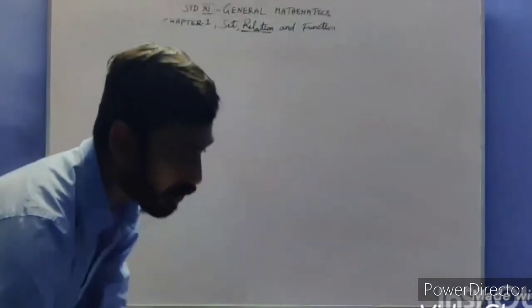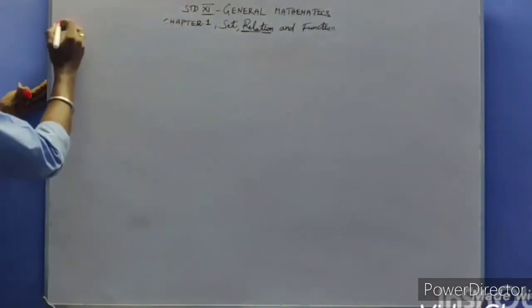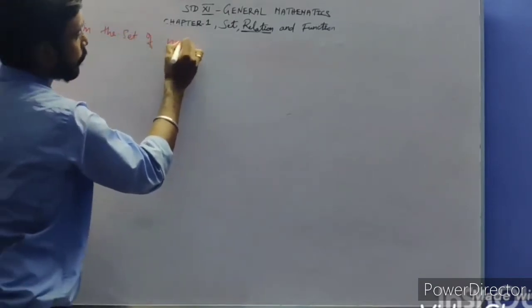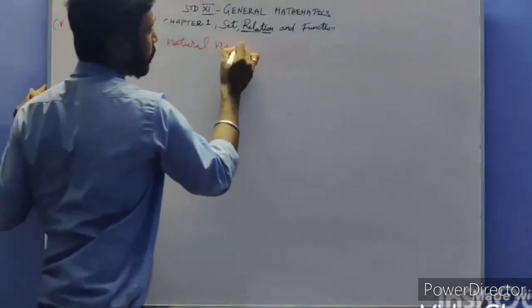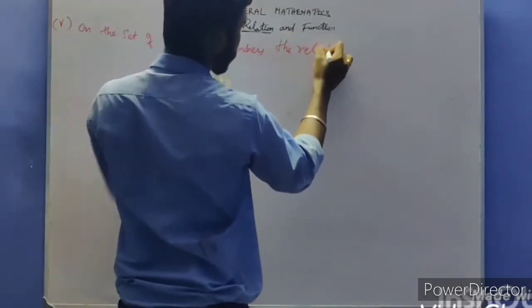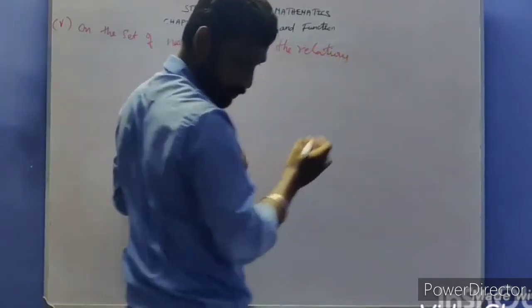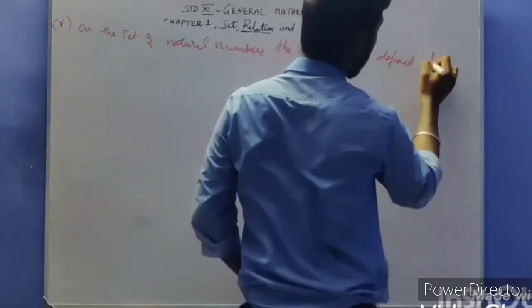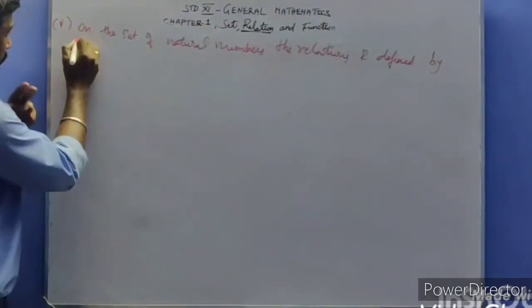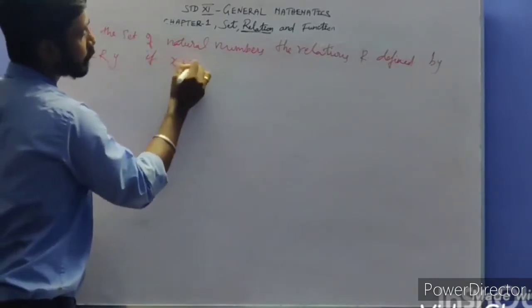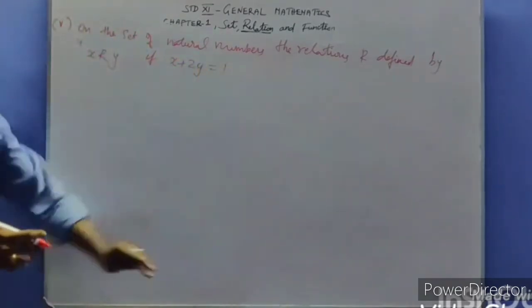On the set of natural numbers, the relation is defined by x related to y if x plus 2y equal to 1. It is a very simple question.